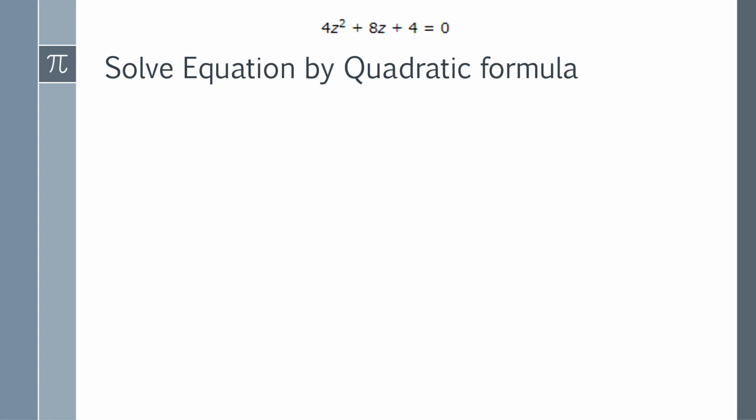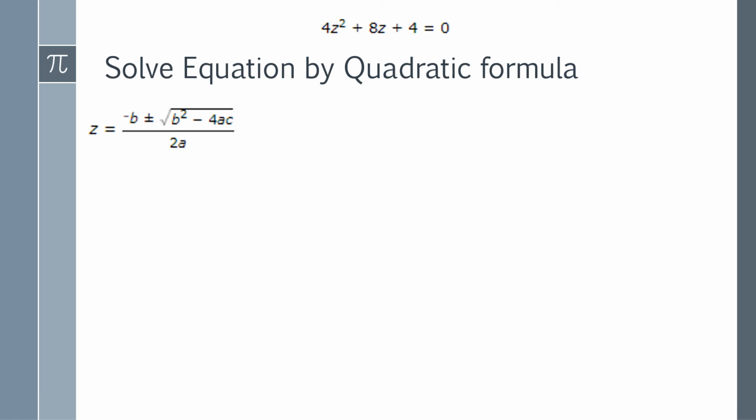Alright, solve the equation by quadratic formula. In this case, y'all, remember I was telling you about those radicals? So let's do it. So first step, here's a formula that's going to help you solve this quadratic equation. I'll sing the song to you.